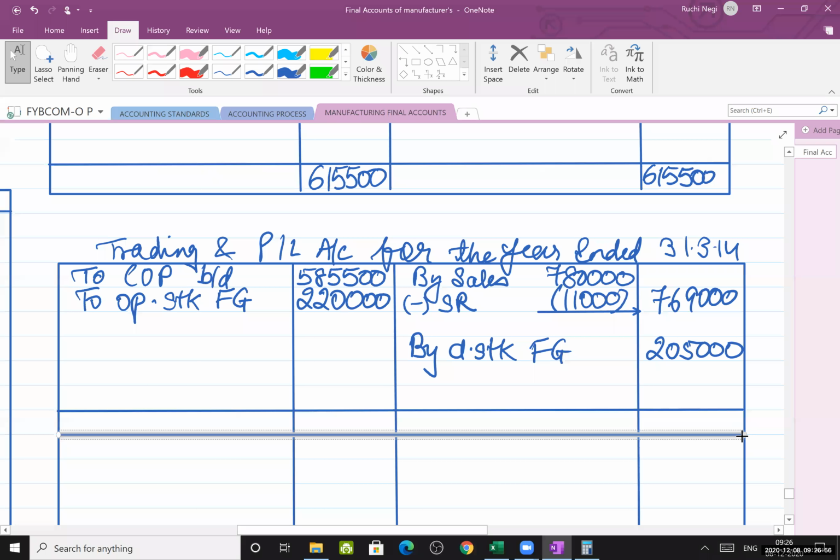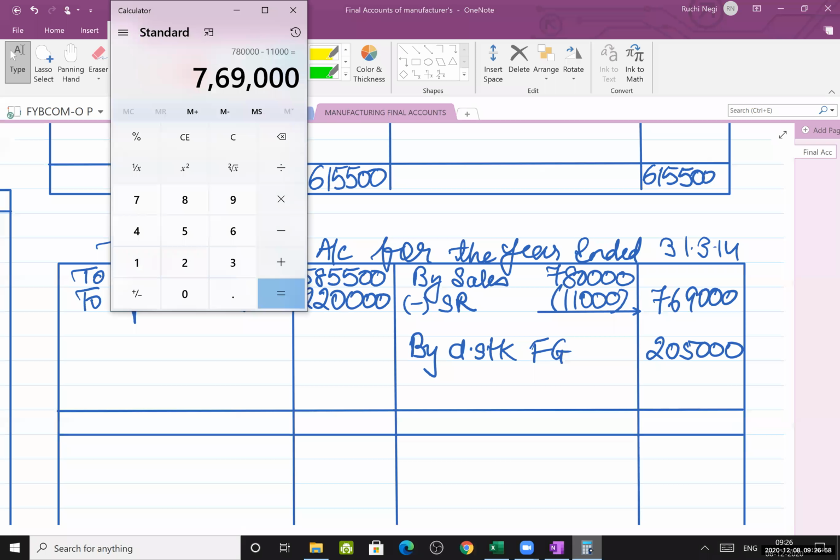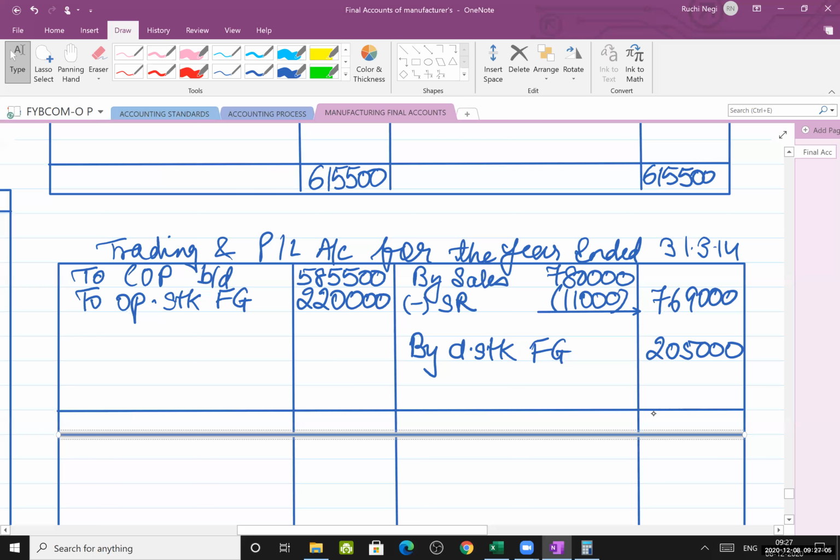Okay. So obviously your credit side is more. 7,69,000 plus 2,05,000 makes it 9,74,000. 9,74,000. Subtract the debit side. This is my gross profit.